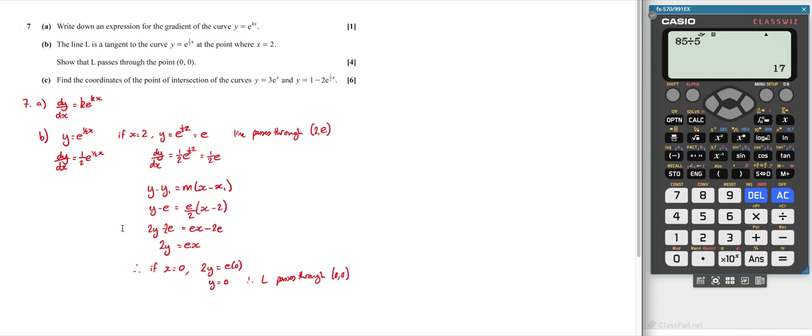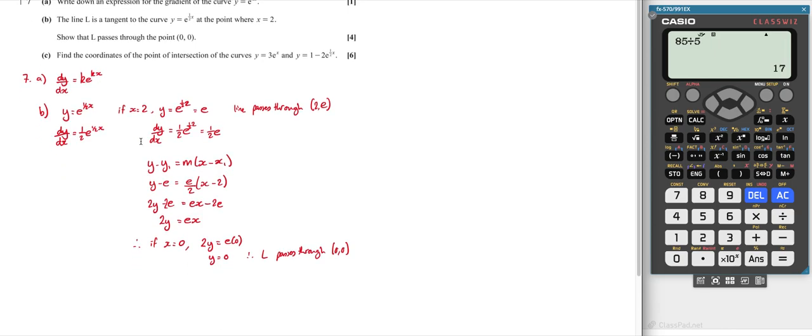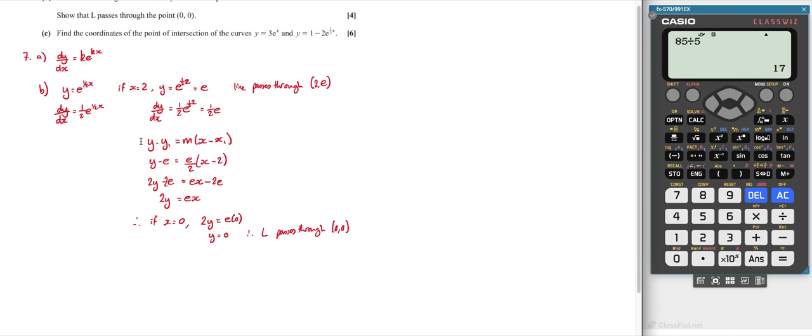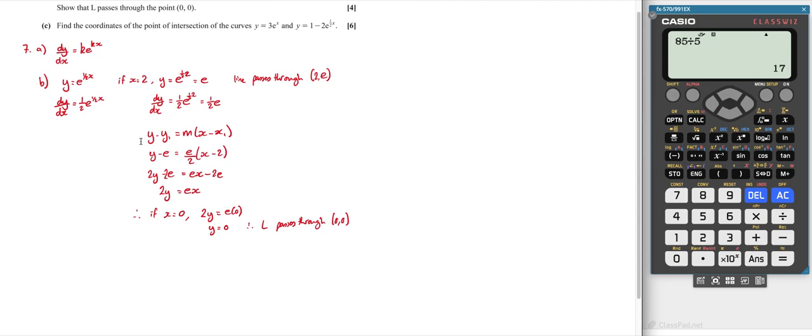It then goes on to say, find the coordinates of the points of intersection of the lines. So part C, y equals 3e to the x and y equals 1 minus 2e to the half x.